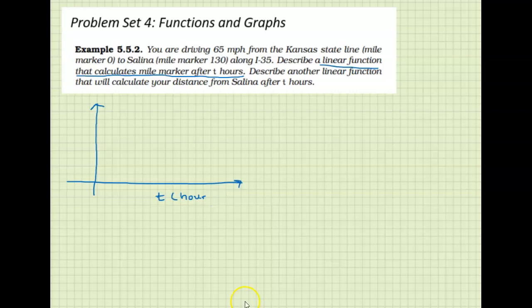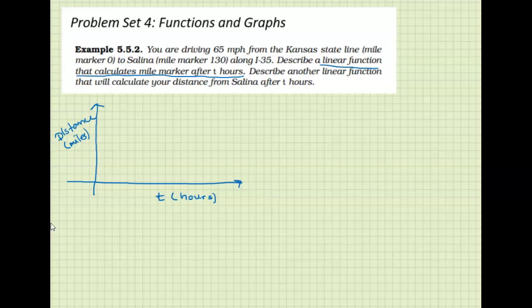Let's try that again. And we want the y-axis to be distance, probably in miles.